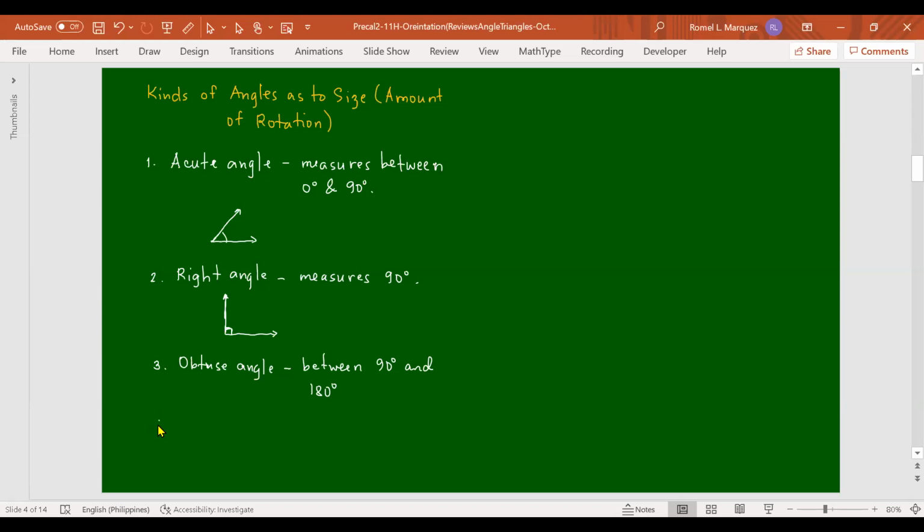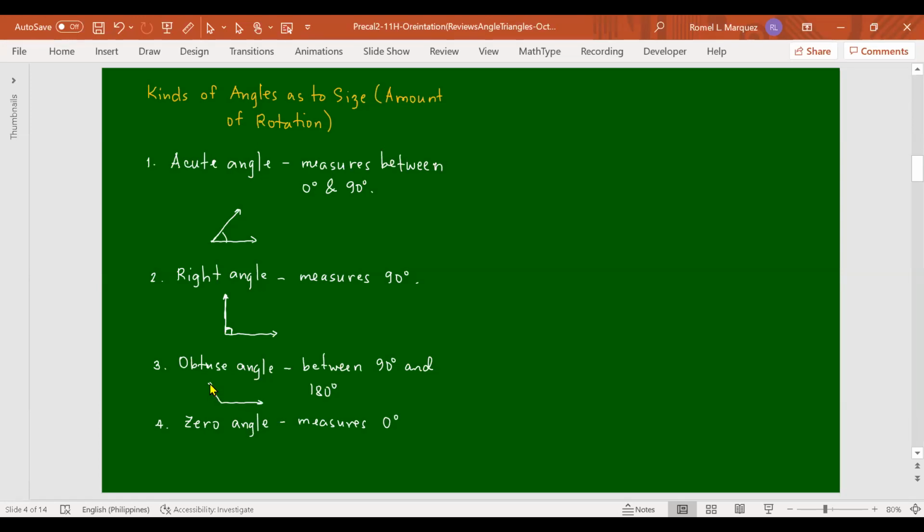Then there are other special angles. Let's say there is no movement between the lines, so we have what we call zero angle. Zero angle measures 0 degrees.